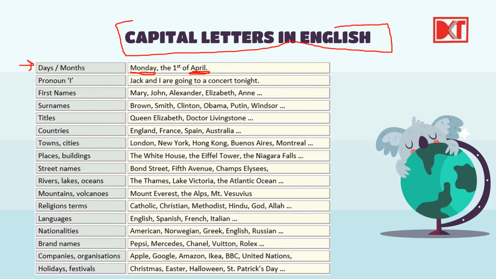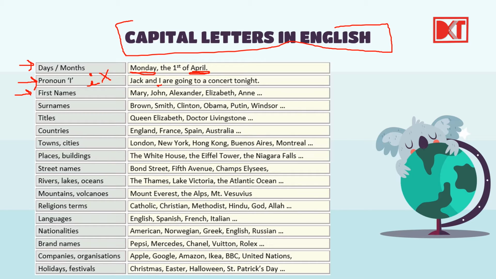Then whenever the pronoun I is used, it is never a small i, only a capital I. We don't write it like this. This is incorrect. We write it in a capital manner. For example, Jack and I are going to a concert tonight.